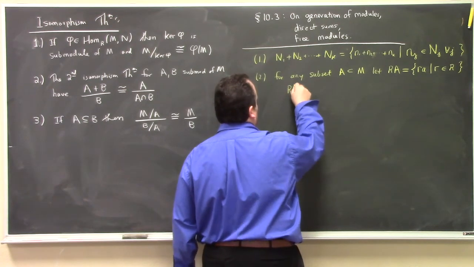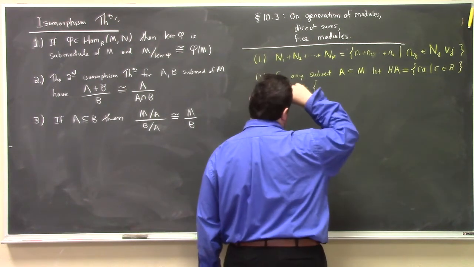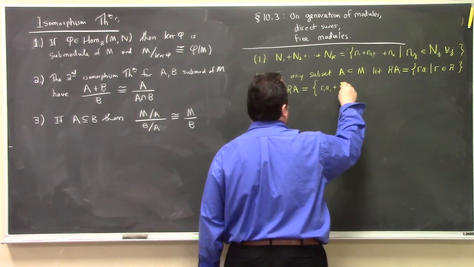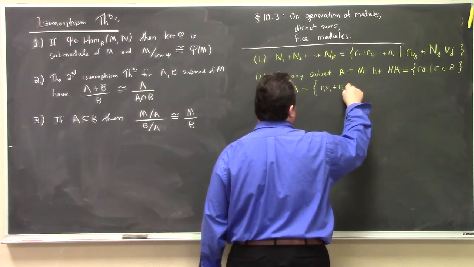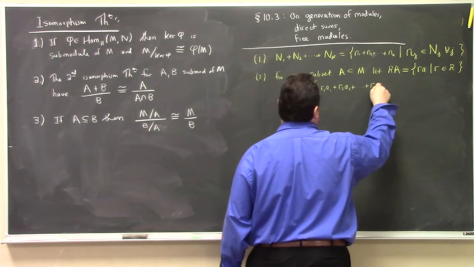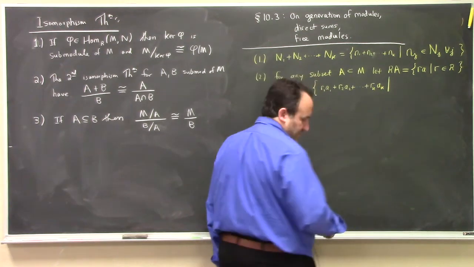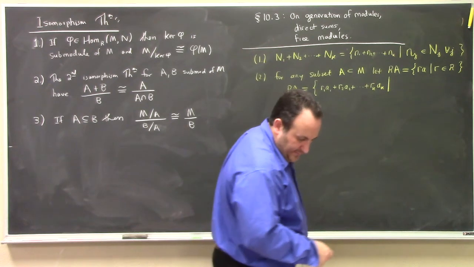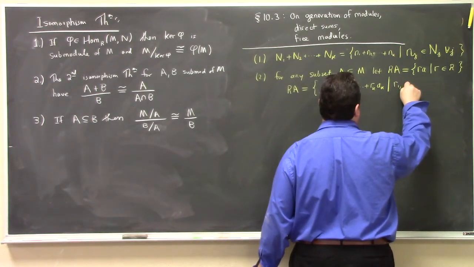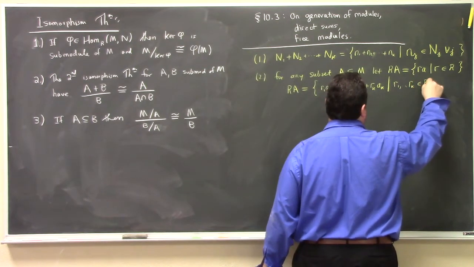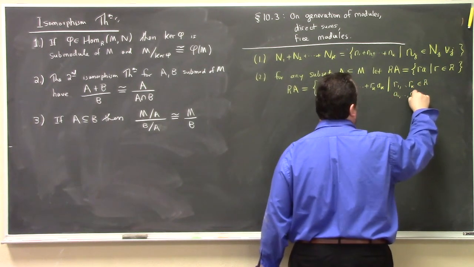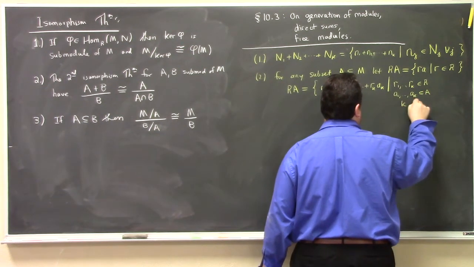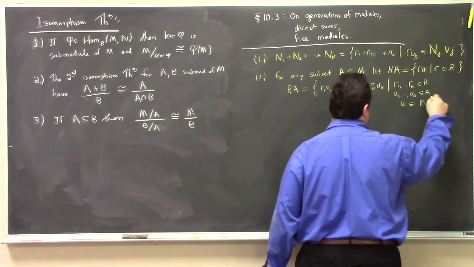RA is equal to R1A1 plus R2A2 plus ... plus RKAK, such that R1 through RK are in R, and A1 through AK are in A, and K is an element of, let's say, the natural numbers.